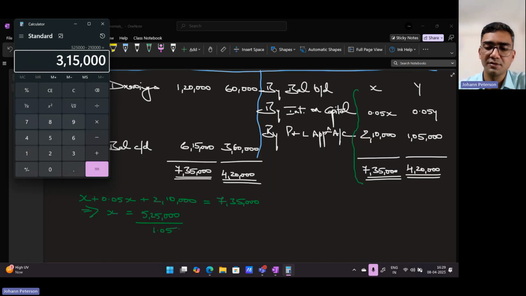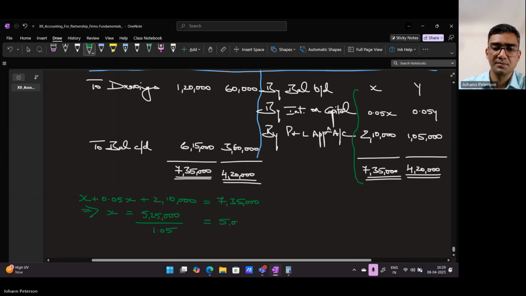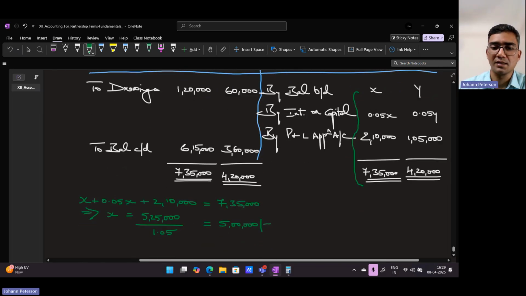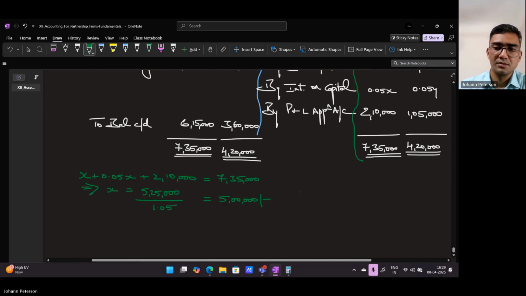So 525 divided by 1.05 comes out as 5 lakh. Therefore, X is what? Our opening capital of which person? K. This is the opening capital of K.